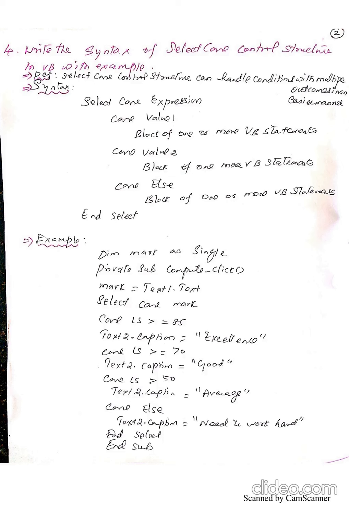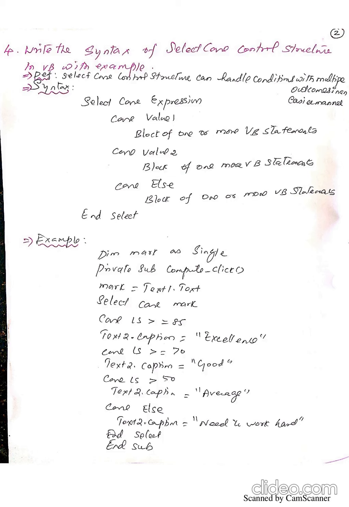Question number 5. Using the Rnd function, generate some random variables. The Rnd function returns a value less than 1 but greater than or equal to 0.